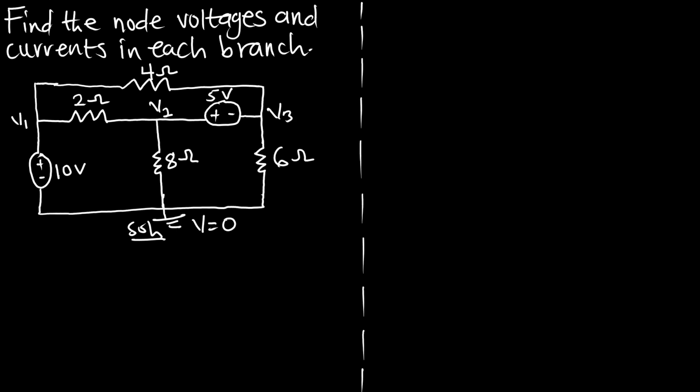But take into consideration, anytime you are solving node voltages and you have a voltage source in any branch, don't assign current to that branch. For example, this branch already has a voltage source, and this branch also has a voltage source. So when we are assigning current, we are not going to assign current to those branches.